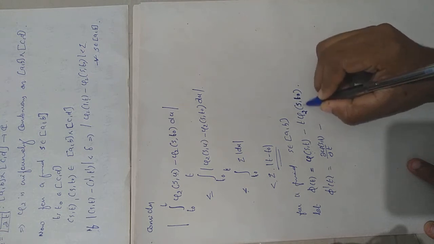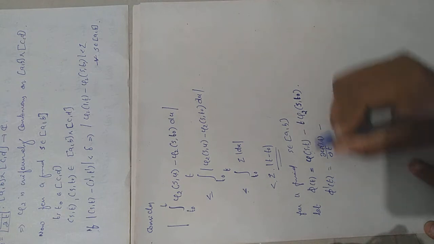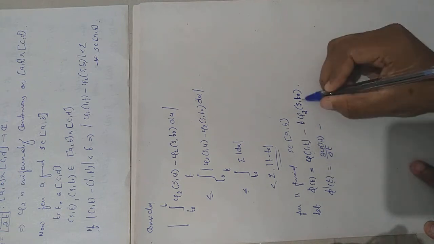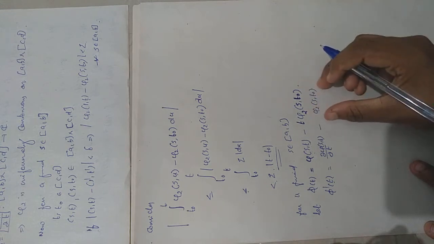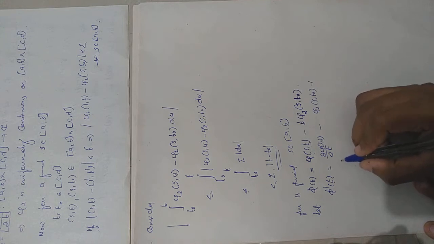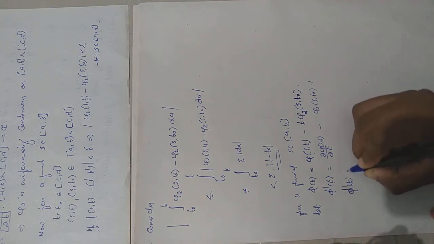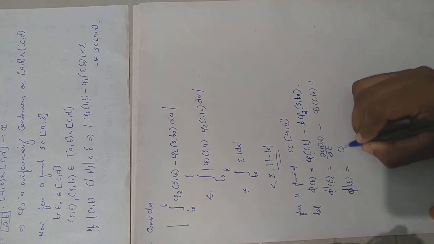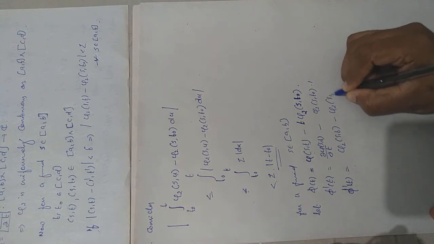Here the variable is only t, because we are differentiating with respect to t. So psi 2 of s comma t naught is a constant value, and the derivative of t is 1. So we get phi dash of t equal to del psi by del t, denoted by psi 2 of s comma t, minus psi 2 of s comma t naught.